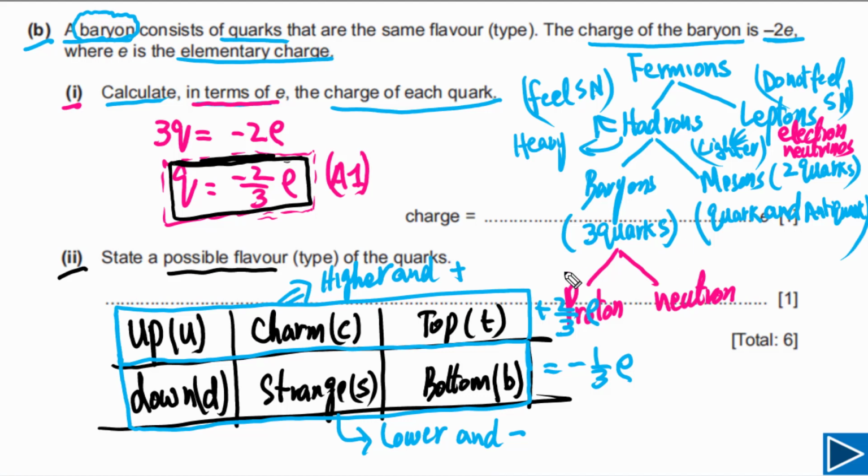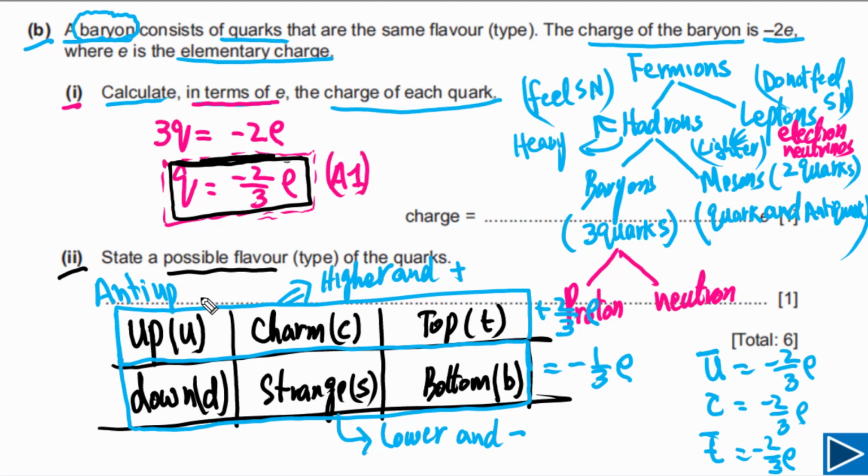Now let's try to answer this question. We need to state a possible type of quark. The up quark has charge plus 2 by 3 e, so the anti-up quark has charge negative 2 by 3 e. The charge on the anti-charm quark will be negative 2 by 3 e, and the charge on the anti-top quark will also be negative 2 by 3 e. So for this question you can say anti-up quark, anti-charm quark, or anti-top quark.